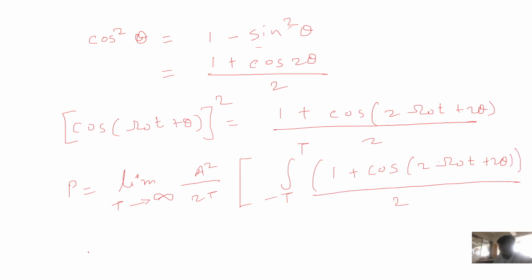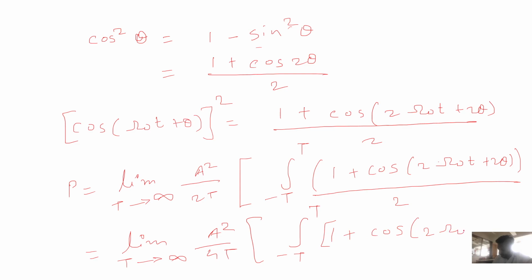I can take the 2 outside, so it is the limit as T tends to infinity of A squared upon 4T, integration from minus T to T of 1 plus cos(2 omega 0 t + 2 theta) dt. Everywhere I forgot the dt, sorry.